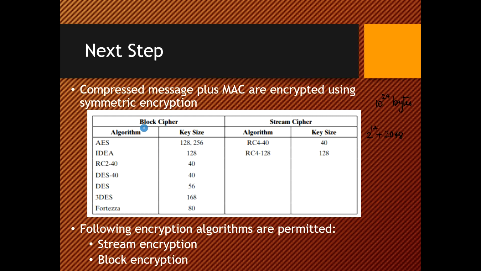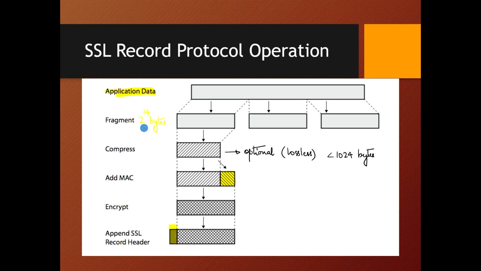In the diagram, we have not specified anything regarding the padding. When we go for block encryption, padding is added after the MAC but before the encryption takes place, and the padding is in the form of a number of padding bytes followed by 1 byte indicating the length of the padding.